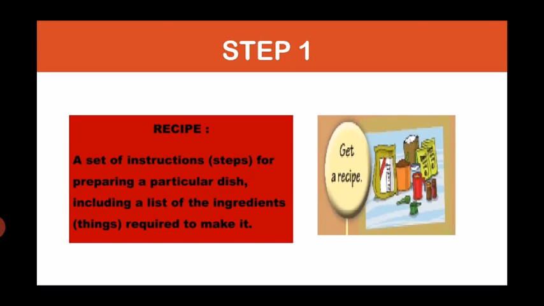So children, recipe means all the steps and the things that are required to make some food dish. Let me give you a simple example. In your house, when you feel thirsty during summer when it is very hot, you must be having nimbu pani. What is the recipe of nimbu pani? Can you tell me how you make nimbu pani?